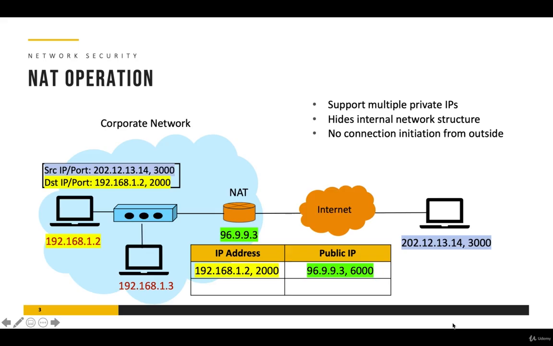It hides the internal network structure, because if an outsider cannot even know the IP addresses of internal systems, then obviously the internal network infrastructure is secure and hidden. And it also does not allow connection initiation from the outside. So based on these three key properties, NAT offers tremendous advantages in terms of reusability of a single public IP address, in terms of hiding internal network structure, and preventing connection initiation from the outside.